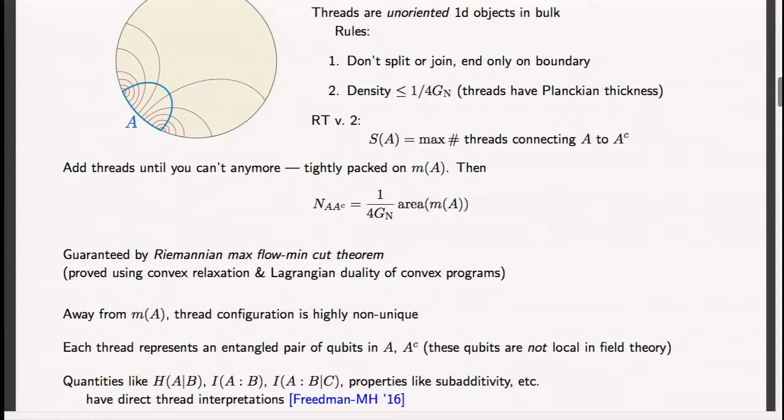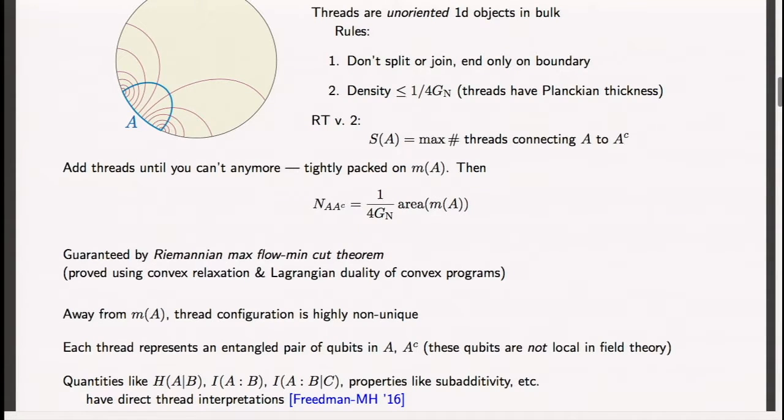In terms of minimal surfaces, if you want something like a conditional mutual information and so on, of course you get sums and differences of areas, and it's not really clear what those have to do with the quantities in question. Whereas with the threads, you get a very nice one-to-one correspondence: certain numbers of certain threads represent the conditional entropy, other threads represent mutual information, and so on.